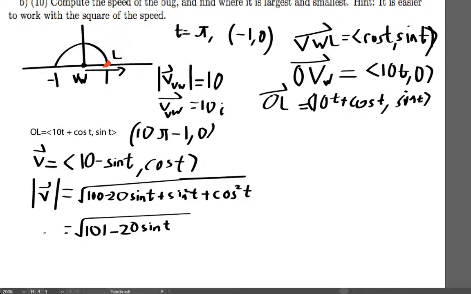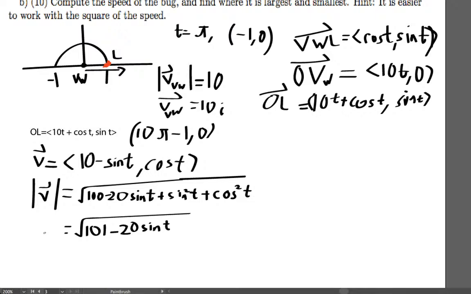That would be at a relative maximum or relative minimum. Obviously you need the second derivative to figure that out. But I know that sine t here goes from 0 to pi, so the minimum of sine t is 0, and the maximum I know would be 1.